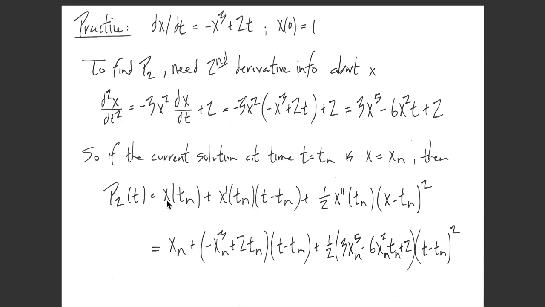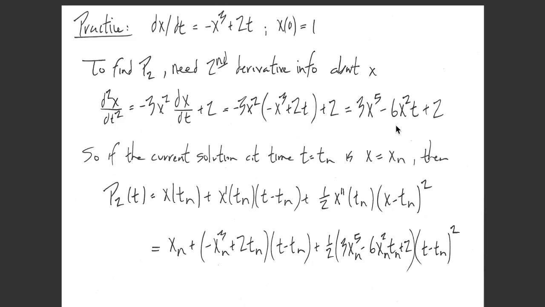And then for these values, x of t sub n, well, that's just our solution at the current step, x sub n. X prime of tn, we get that from the ODE here, with x equal to x sub n and t equal to t sub n. And so that's where this minus x sub n cubed plus 2t sub n comes from. That's just our x prime at tn, still times t minus tn. And then 1/2 the second derivative.